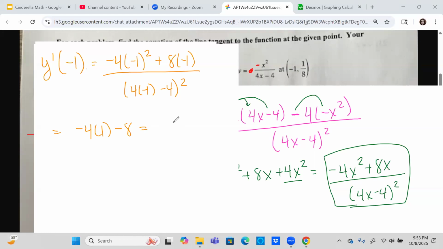So that's negative 12. On the bottom, we'd have negative 4 minus 4 squared. Negative 8 squared is 64. You can divide by 4 to simplify to negative 3/8. Okay, but I did this problem before and I thought it was positive 3/8.